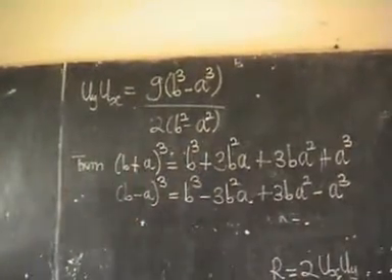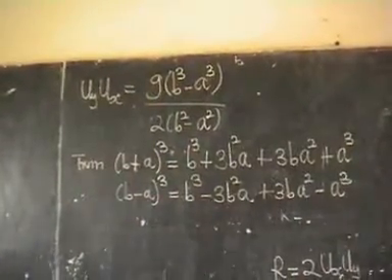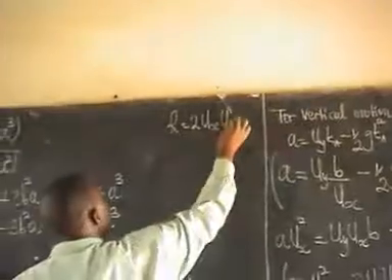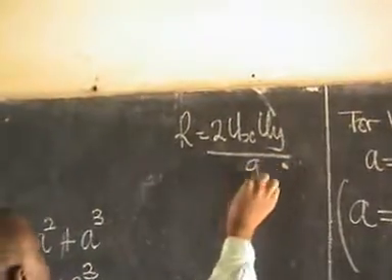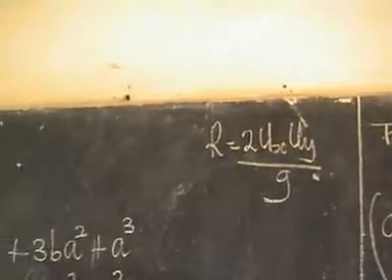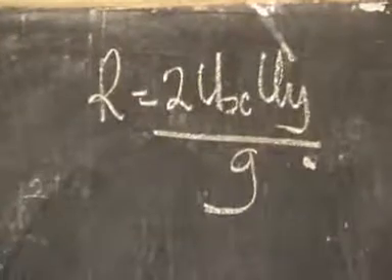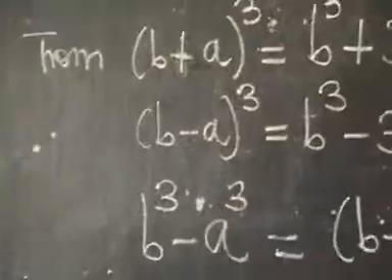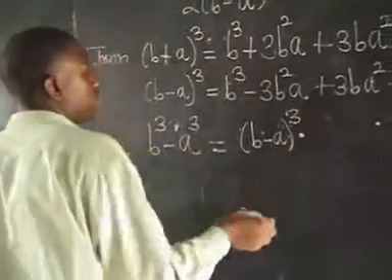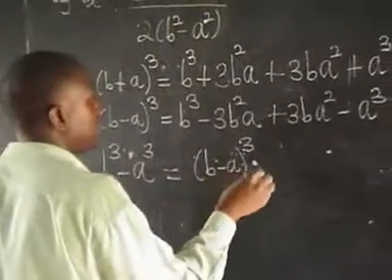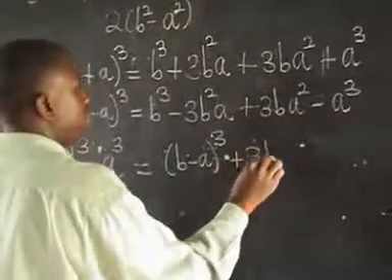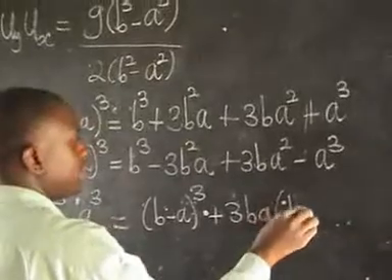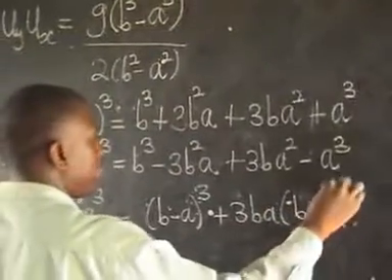So that statement is important. So we have b cubed minus a cubed equal to b minus a cubed, when it crosses the equal sign, plus 3ba into b minus a.